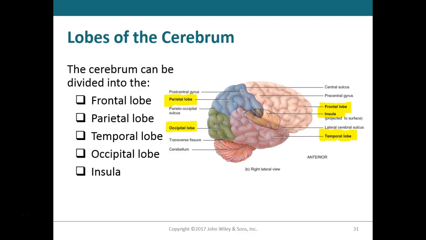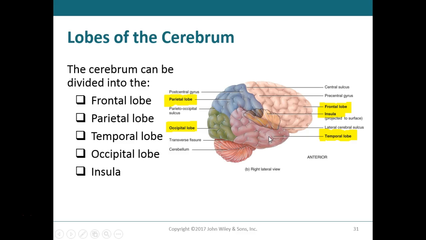When we're looking at the anatomy of the cerebrum, we divide the cerebrum into lobes that are named after the bones that cover them. So think back to when you learned cranial bones. The frontal bone was here at the forehead. Okay, so the frontal lobe of the brain, the occipital lobe, parietal lobe, temporal lobe.